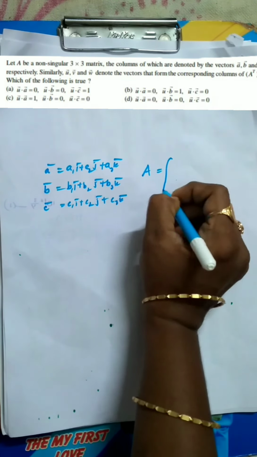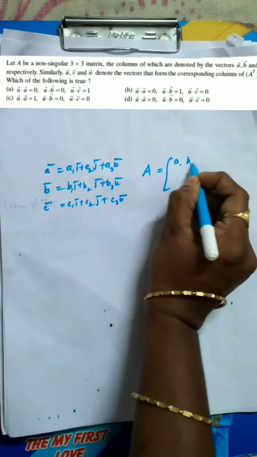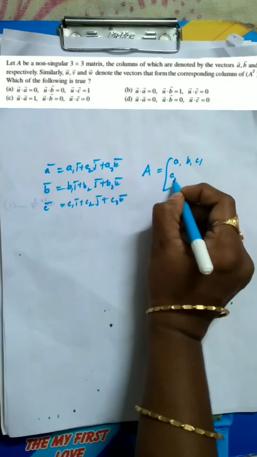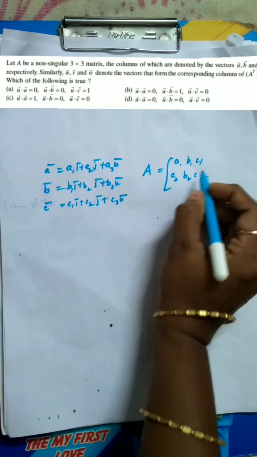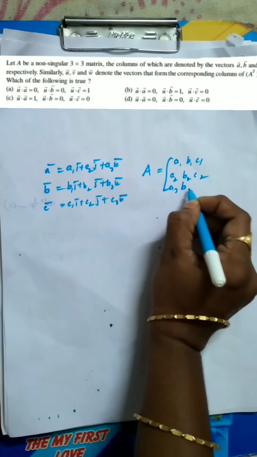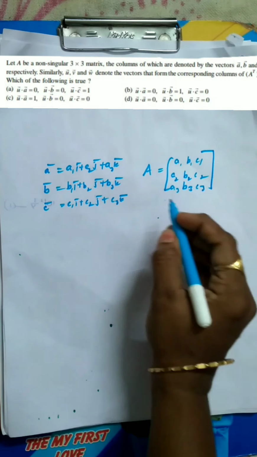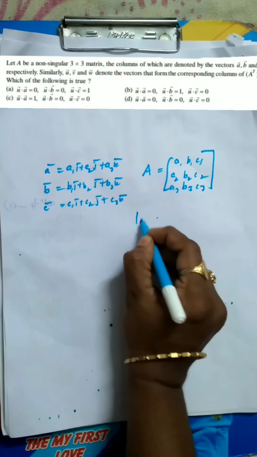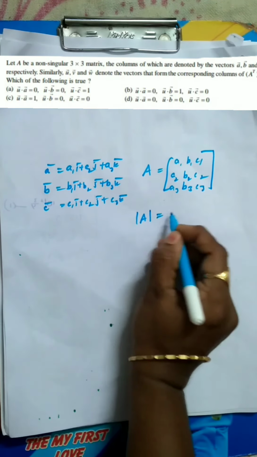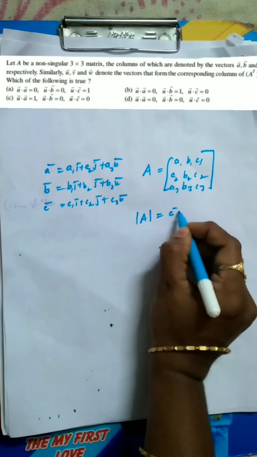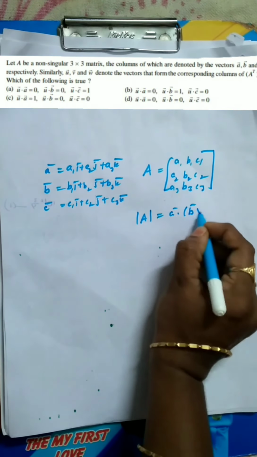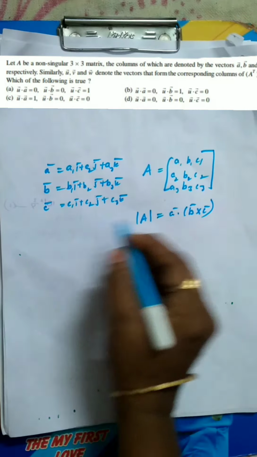Then A is the matrix with rows a1 b1 c1, a2 b2 c2 and a3 b3 c3. Determinant of A means it's a bar dot b bar cross c bar.